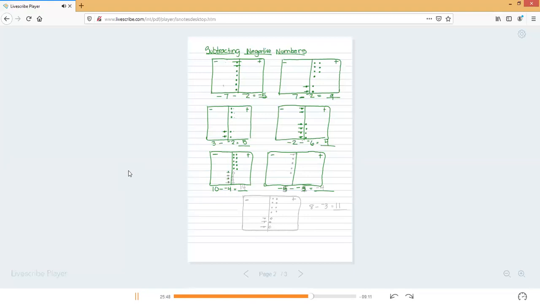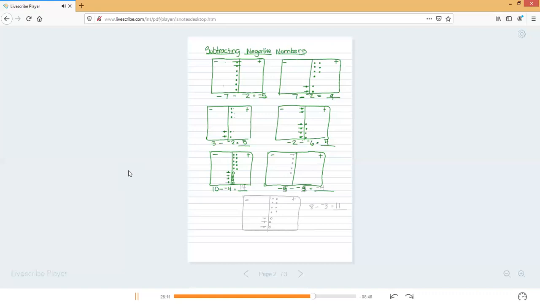I have to take away negative 3. Now remember, there are no negatives on my positive side, so I had to create them. And then when I created them, I made some shadows and I subtracted them. When I did that and I counted what was left, it gave me the answer 11. I hope that helps you understand that part.